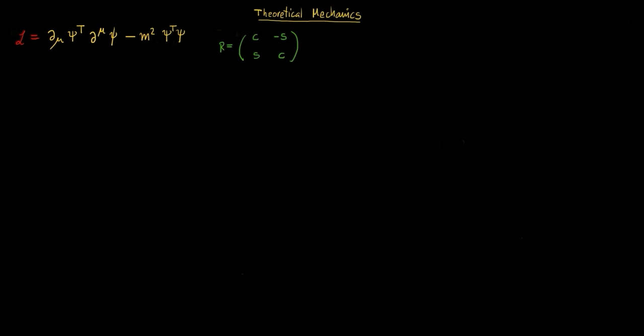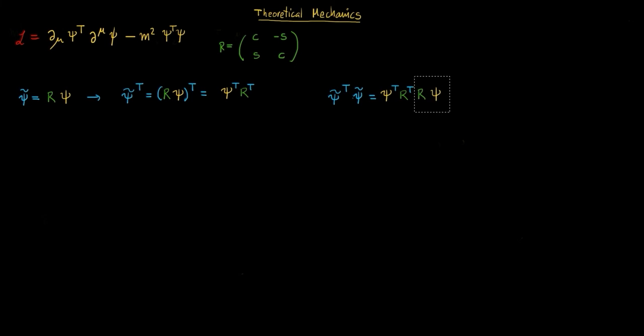So now we define the transformed field as the rotation matrix times the untransformed field. Now we transpose the equation and therefore the order of the terms has to be reversed, with its transpose, of course. So if we multiply these two expressions, we get this.